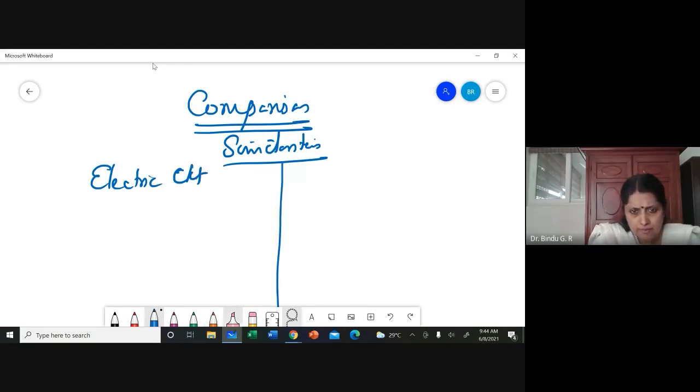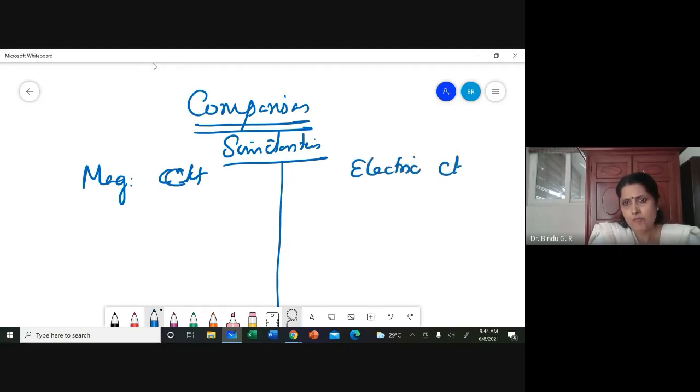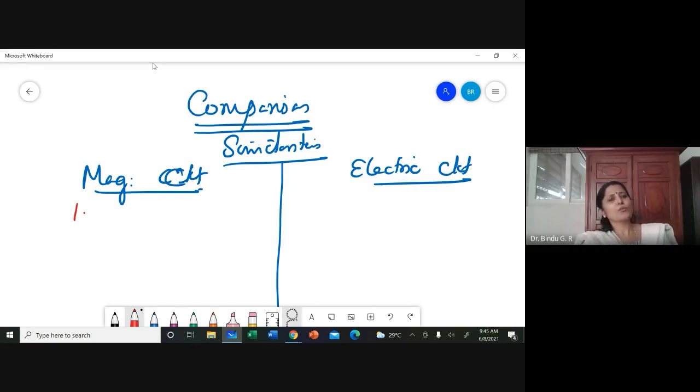Or rather we can write magnetic circuit first. Magnetic circuit and electric circuit. One, the path where magnetic flux is formed is called a magnetic circuit.